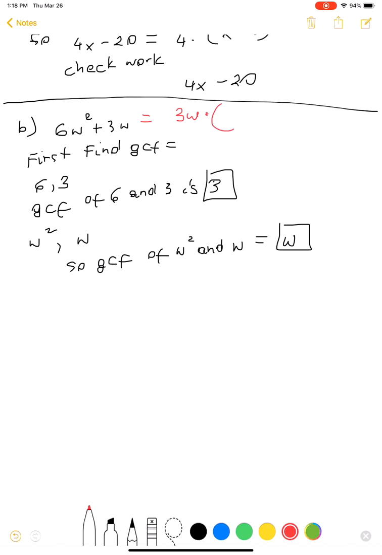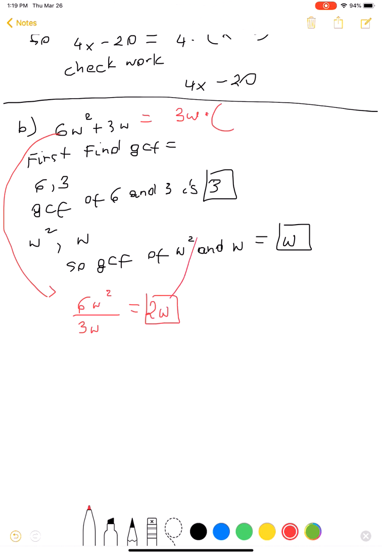And now you need to put the expression in the parenthesis. So you're going to take your original expression, take that 6w squared and divide by GCF, which we found, which is 3w. That will give you 6 divided by 3, which is 2. W squared divided by w will give you w.